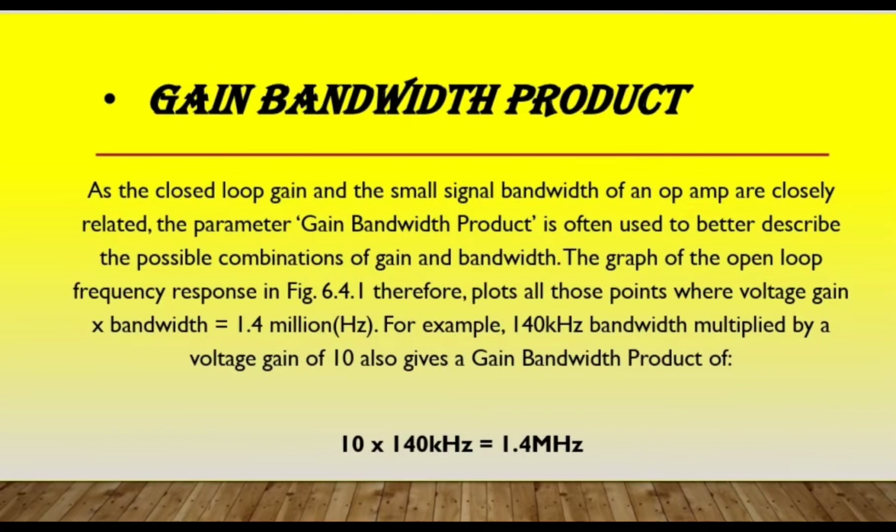Gain bandwidth product. As the closed-loop gain and the small signal bandwidth of an operational amplifier are closely related, the parameter gain bandwidth product is often used to better describe the possible combination of gain and bandwidth.